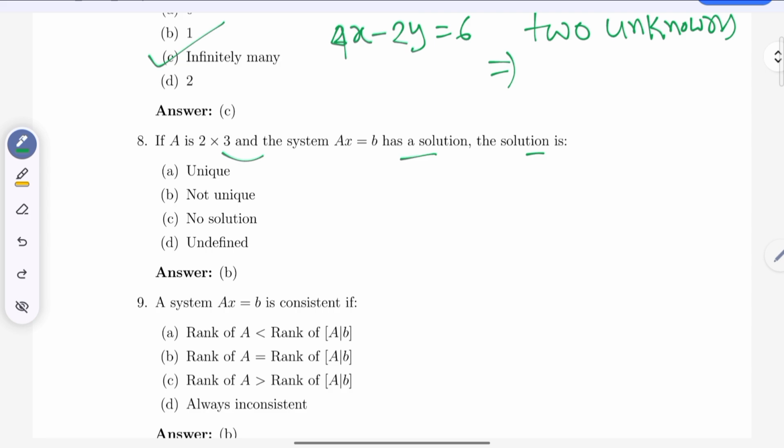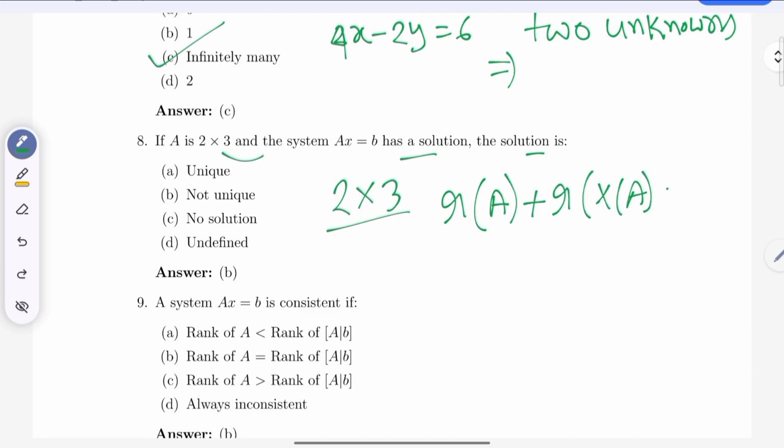For the next question, A is a 2 by 3 matrix and Ax equal to B has a solution. There is a formula: if A is an m by n matrix, here 2 by 3, then rank of A plus the dimension of the solution set is equal to the number of unknowns, or number of columns, which is 3 here. So rank of A will be equal to 3 minus 1, since Ax equal to B has a solution, which is 2.